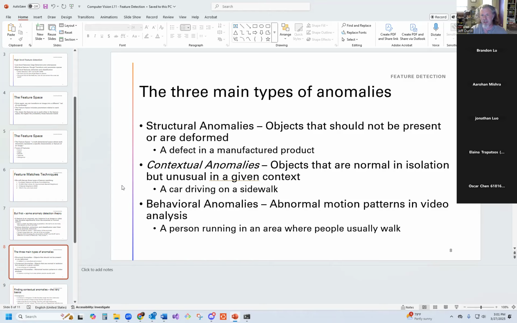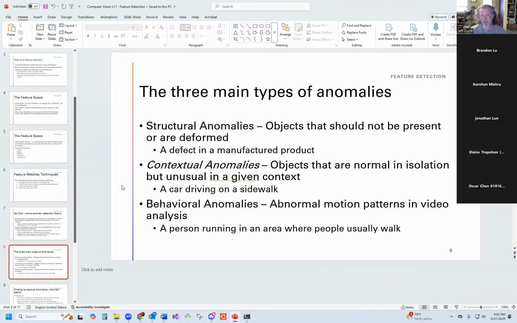So this would be, if we were looking at our soccer field with a soccer ball on it and put a plane in the middle of the soccer field, right? That would be a structural anomaly because the plane shouldn't be there and it looks nothing like anything around it. You can very easily pick it out based on more of a geometry kind of feature vector, where you think if I'm trying to match features for this soccer ball, and the soccer ball I find is pushed flat, right?